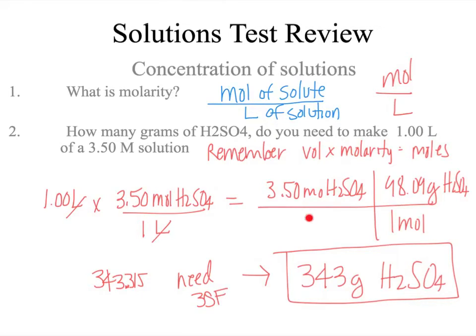Then I take those moles and multiply by the molar mass of H2SO4, which is 98.09. The moles cancel out, and I'm left with 343.315. But I need 3 significant figures, because that has 3 and that has 3. And so my final answer would be 343 grams of H2SO4.